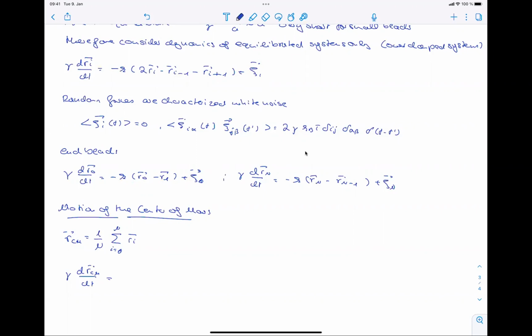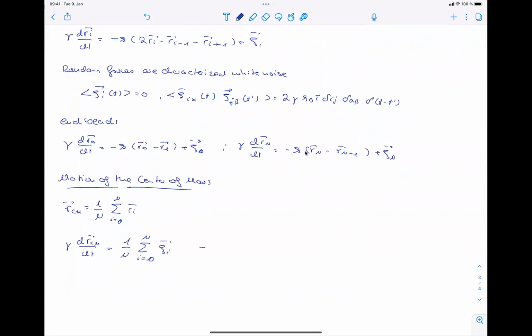So that's then 1 over n. And that's very convenient because we know we have the noise specified, so we can actually from this learn about the correlations of the center of mass. Center of mass alpha at time t minus center of mass alpha at 0. So what's the average dynamics over time?